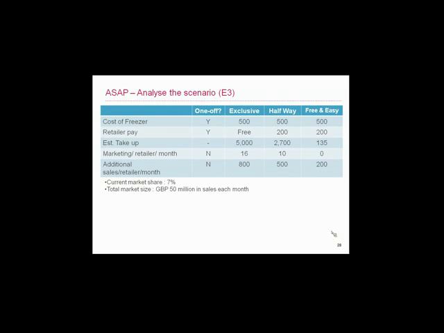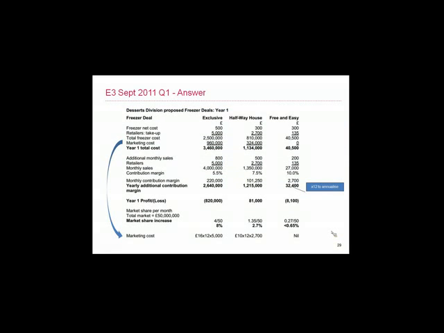You also have been given the total market size, which is £15 million each month. I hope you have done your calculations already, and I hope you agree that it's not a very difficult calculation to do, but you do have to be quite careful.